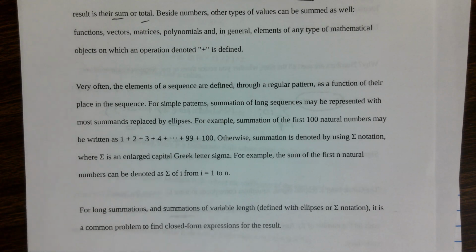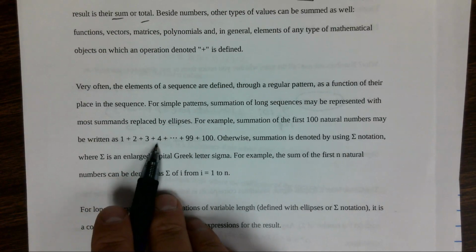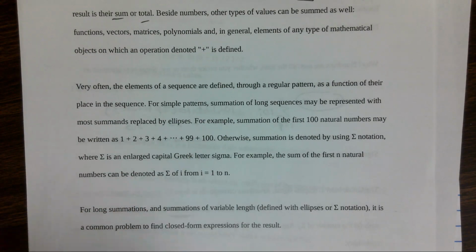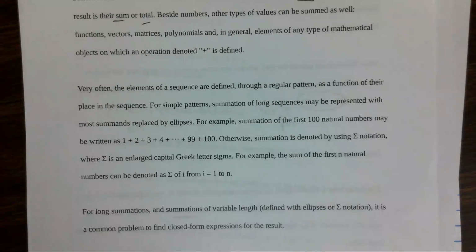For simple patterns, summations of long sequences have ellipses, which are the three dots. So for the summation of the first 100 natural numbers, they put a few numbers, then they put the dots, then they continue it. Otherwise, summation is written in summation notation with the enlarged capital Greek letter sigma.